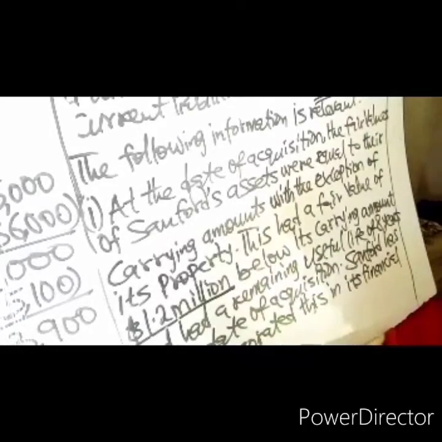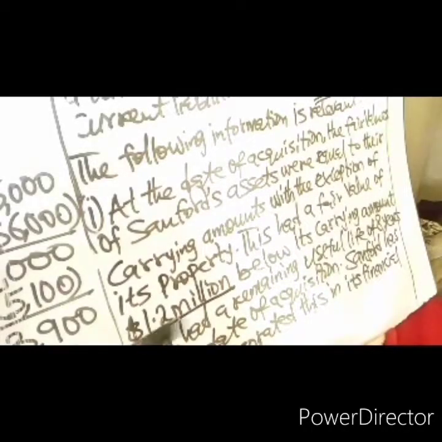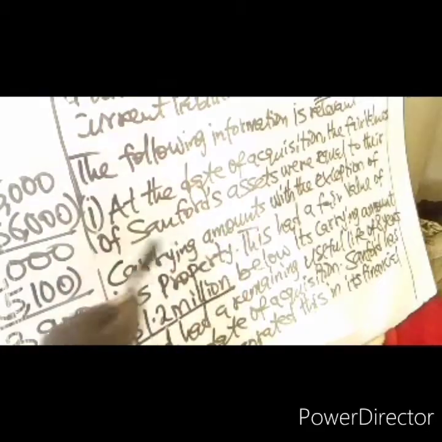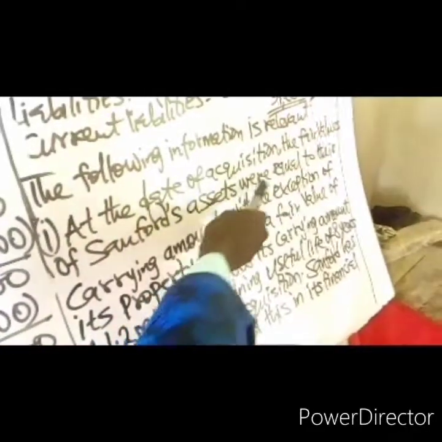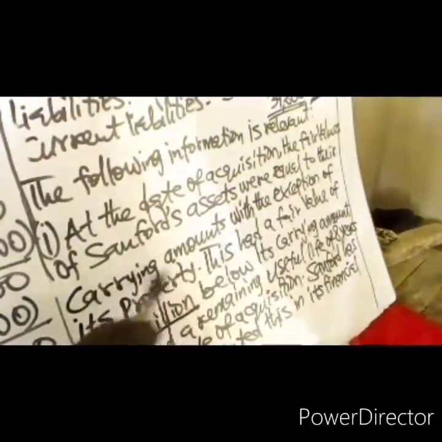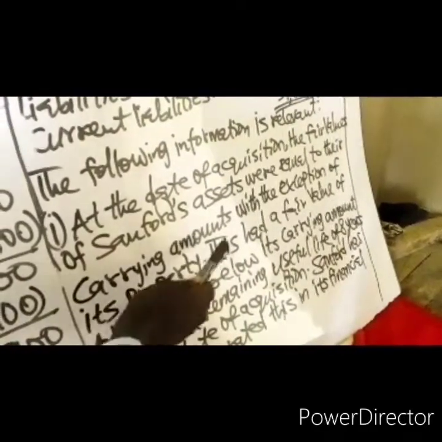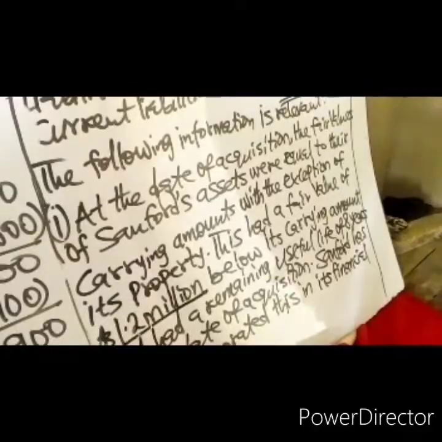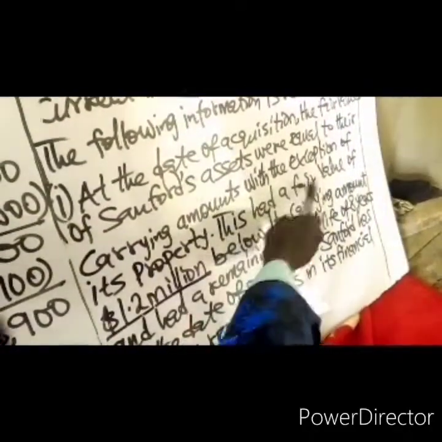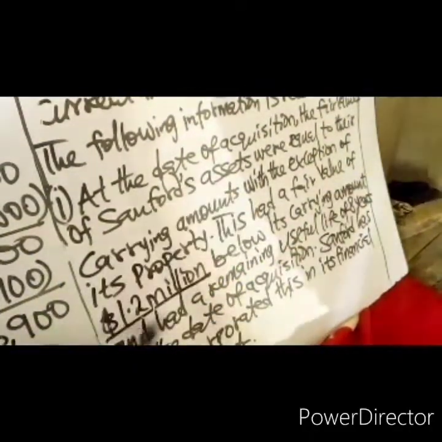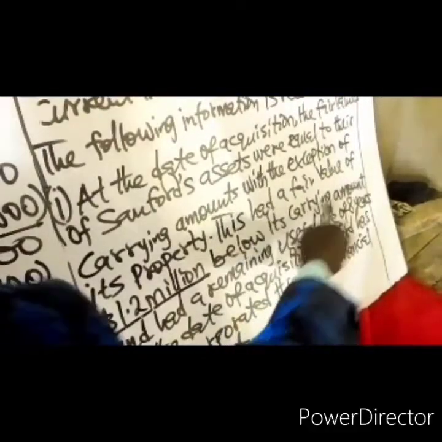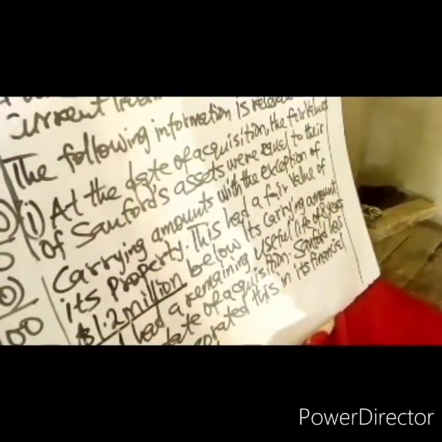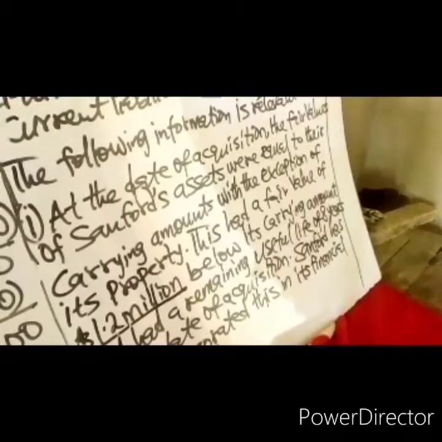At the date of acquisition, the fair values of Sanford's assets were equal to their carrying amounts with the exception of its property. This had a fair value of 1.2 million below its carrying amount. So this is a fair value deficit.